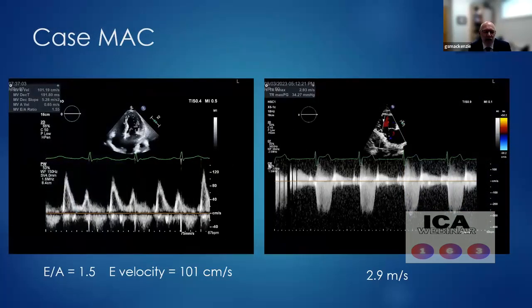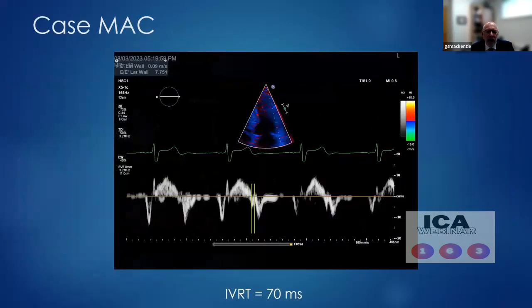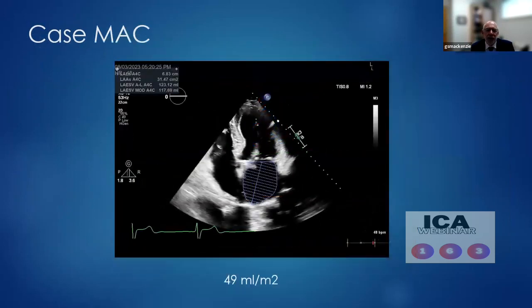The E to A ratio was 1.5. And we didn't need this to use the algorithm, but out of interest, the TR velocity was 2.9. And the IVRT measured on the tissue Doppler here was 70 milliseconds. The left atrial volume out of interest was also big.